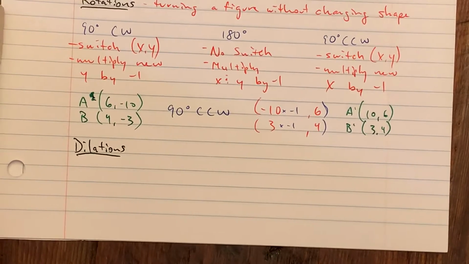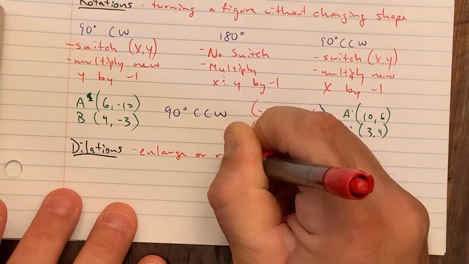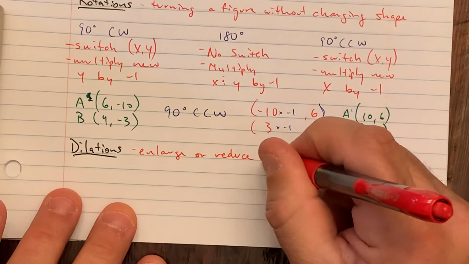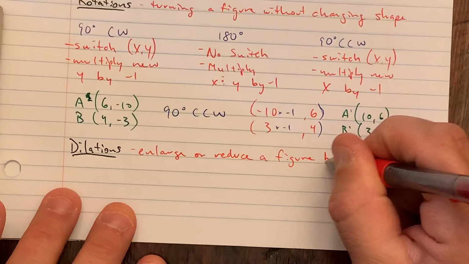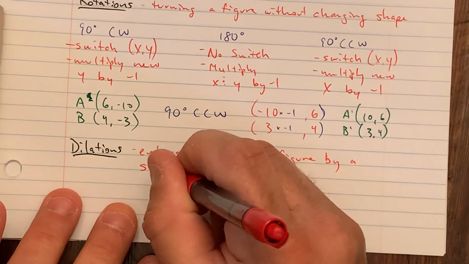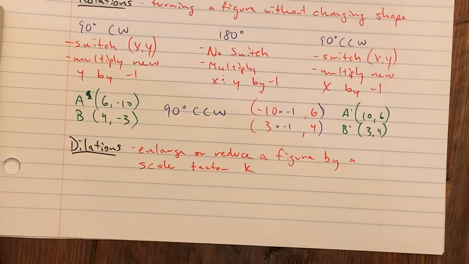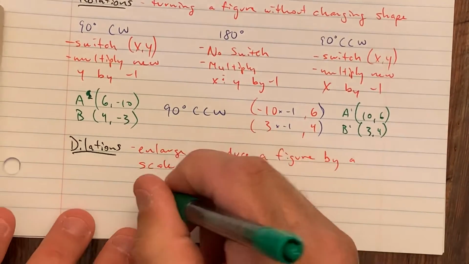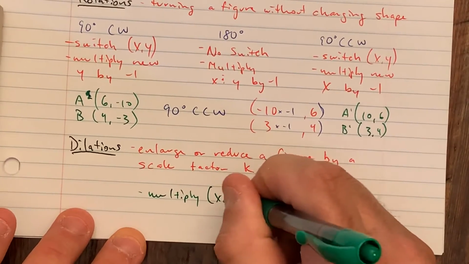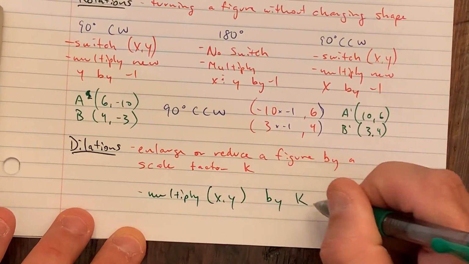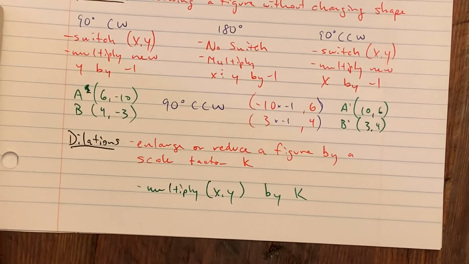All right, so dilations is where we are going to enlarge or reduce a figure and figure size by a scale factor, which is K. And our little rule that we learned here is we will just multiply both X and Y by that scale factor of K. And that's going to give us our new points, and that's going to give us either a reduced figure.